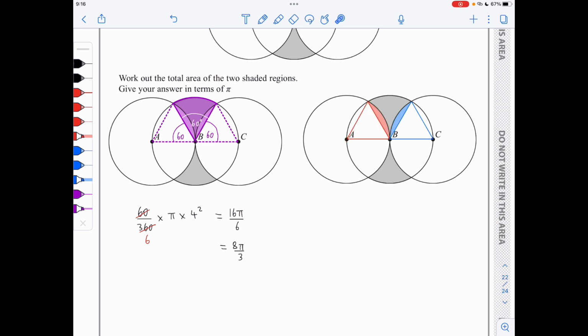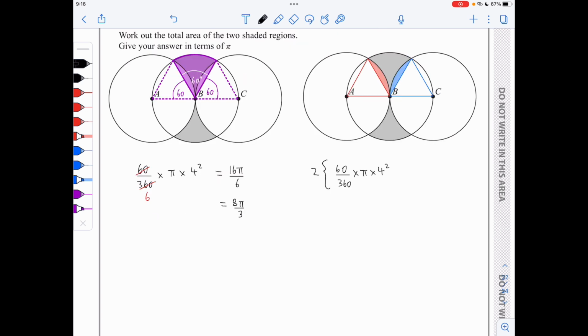So the area shown shaded here in red and blue is 2 times, and we've got the area of the sector, which is 60 over 360 times pi times r squared minus a half ab sine of the angle, which is 60 degrees. So we know that 60 over 360 simplifies to leave me with a 6.